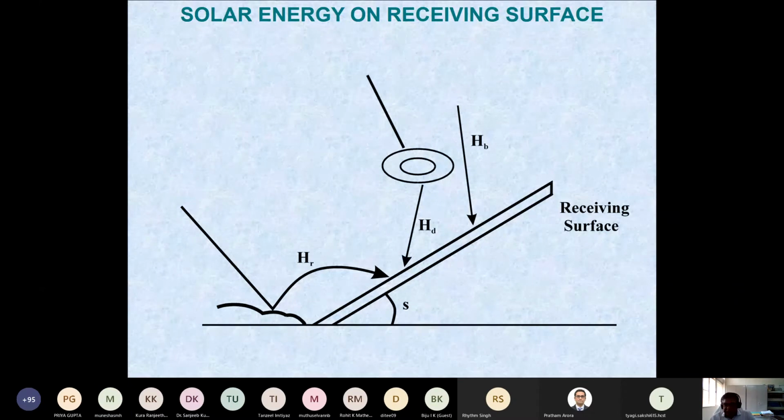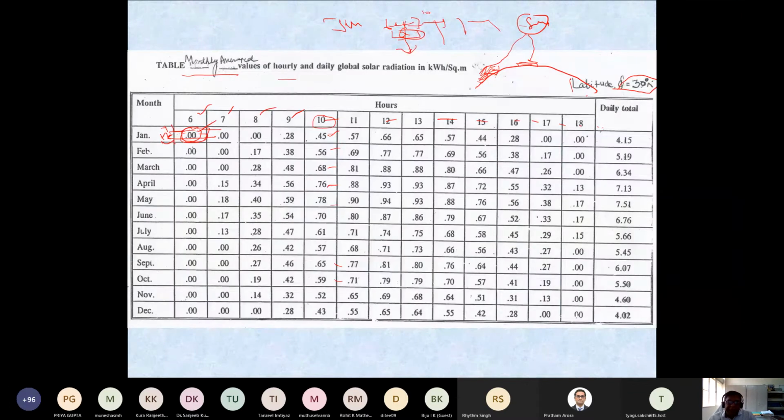Our basic objective is to deal with that data. As I told you, suppose you have the data Hb and Hd and the total solar radiation, and these solar radiations are measured on a horizontal plane.